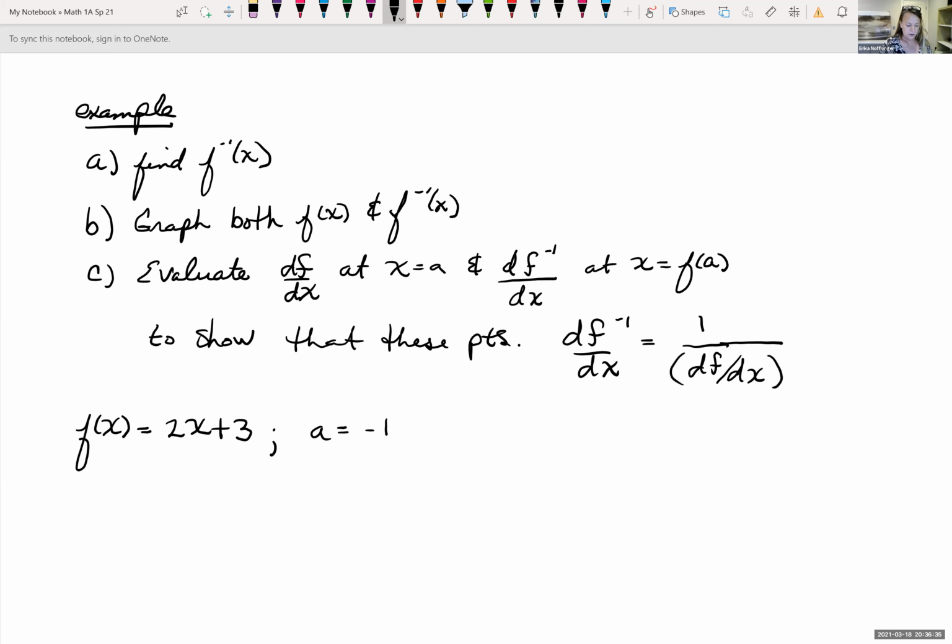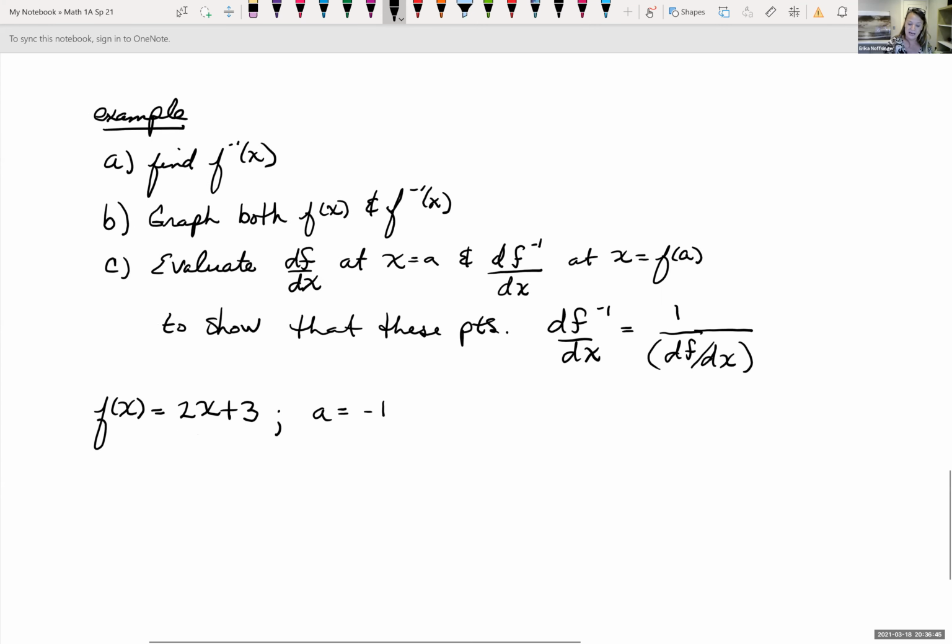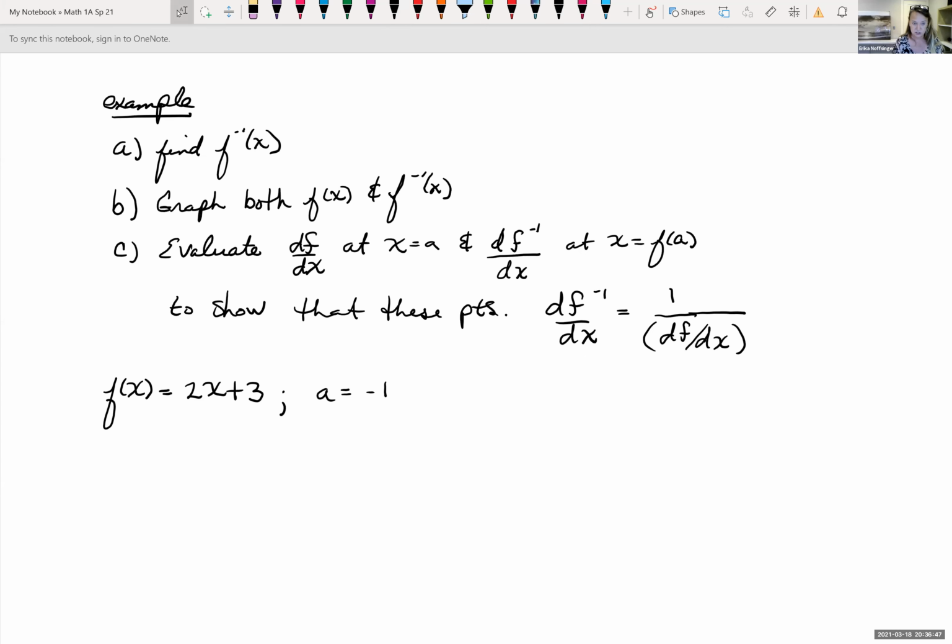Okay, so let's break it down. The reason why we would want to do this is sometimes it would be hard to find the inverse function. This is not very hard to find the inverse function, right? So to find inverse functions, if I have function notation, I change this in terms of y equals 2x plus 3, and then I would swap my x and my y values and solve for y.